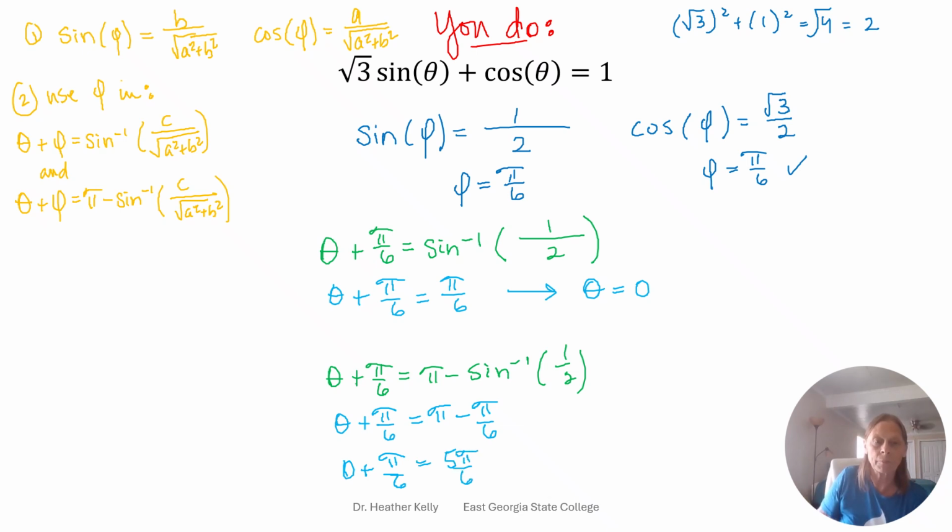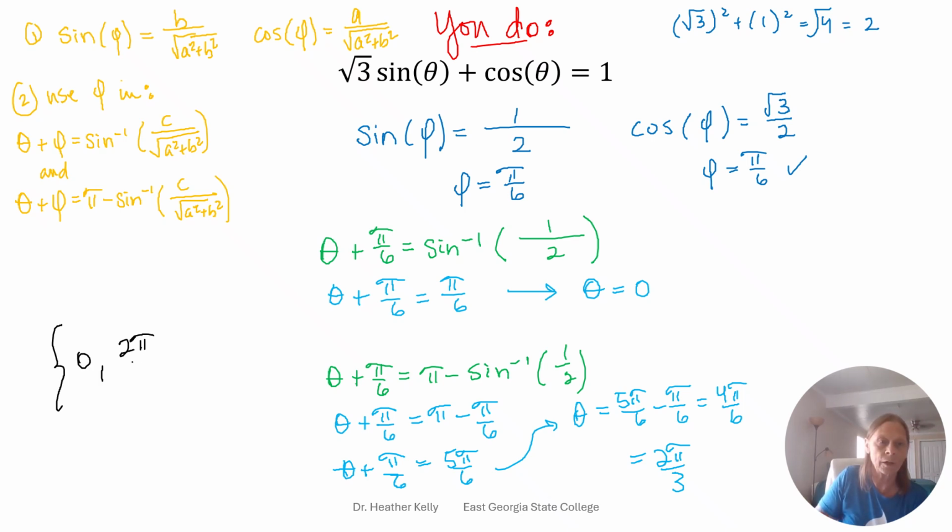We subtract pi over 6 from both sides here, and we have theta is equal to 5 pi over 6 minus pi over 6. That gives us 4 pi over 6, which is 2 pi over 3. So our solutions that we got here are 0 and 2 pi over 3.